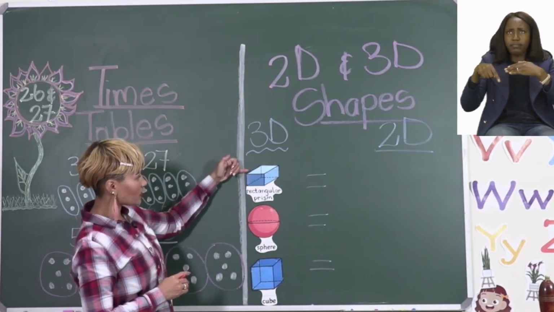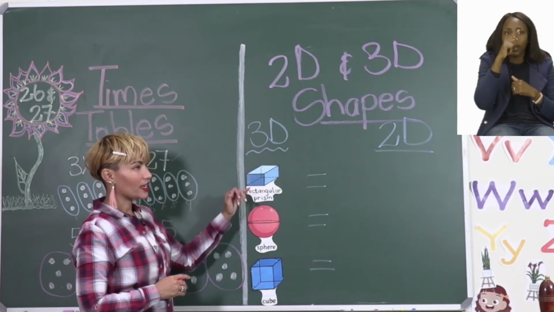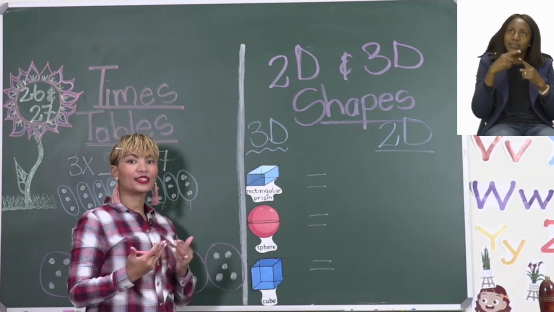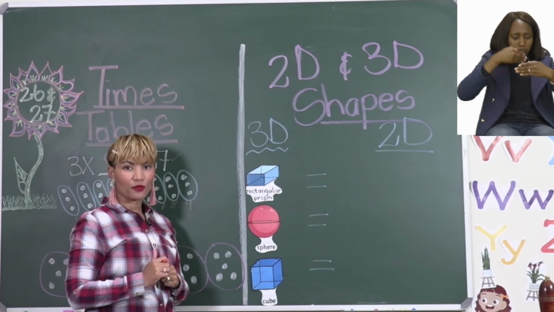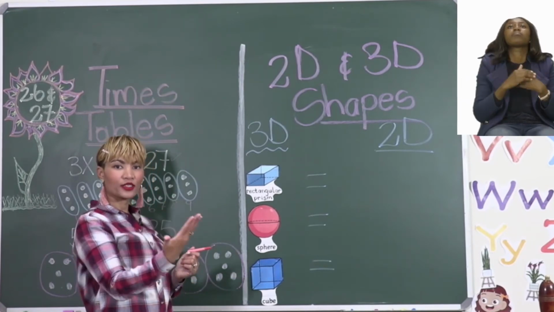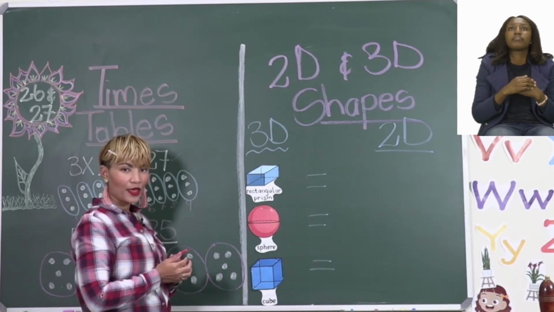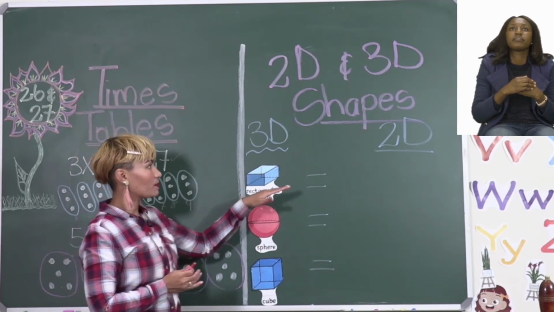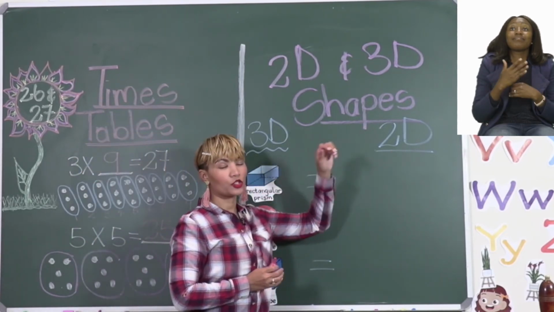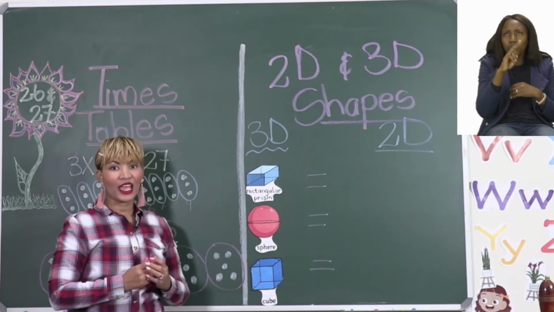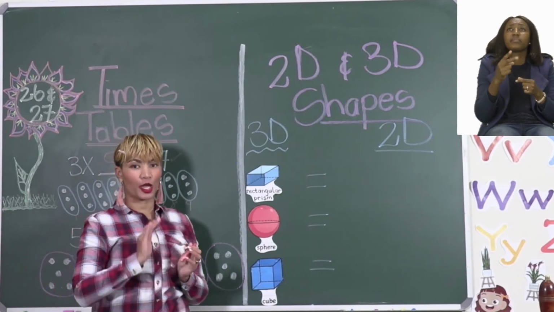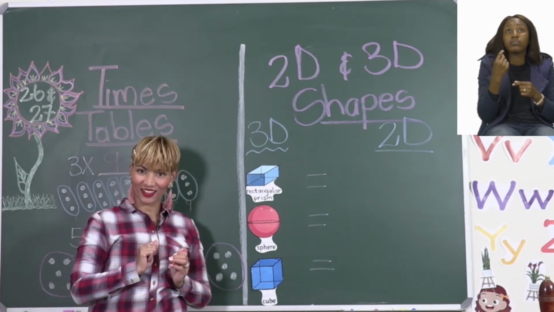And because you can see all the angles, it is called 3D, okay? Because it has all the different sides. When it becomes a 2D shape, it only shows the shape from one angle.